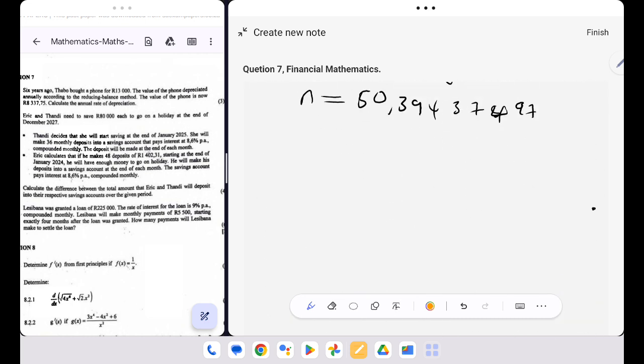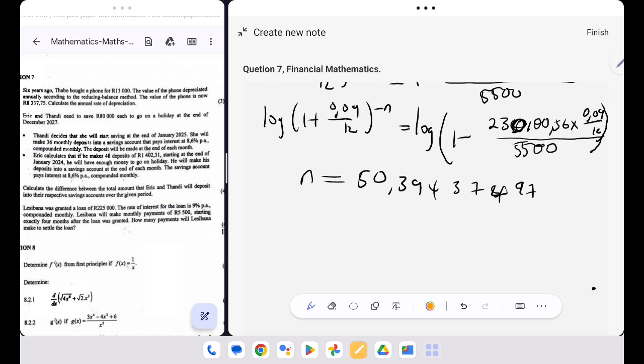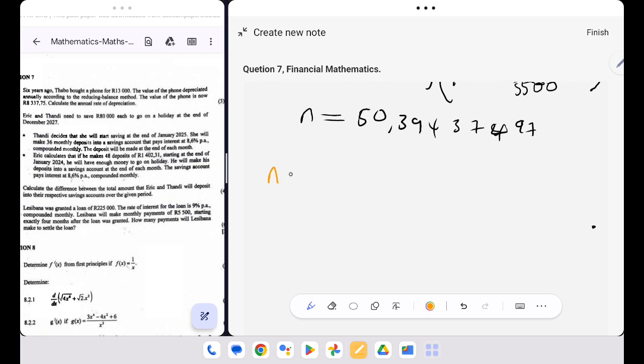However, just to avoid making mistakes, just know that to find n whenever you're dealing with loans, n is equal to a negative open bracket, log of 1 minus the present value multiplied by interest all over the installment, and then the base is 1 plus i.